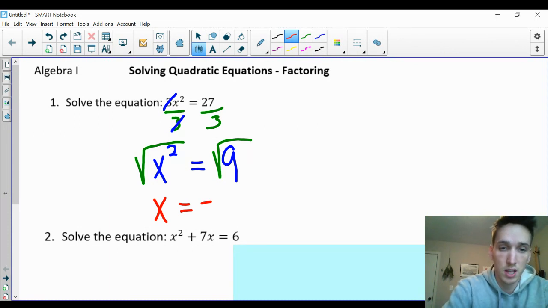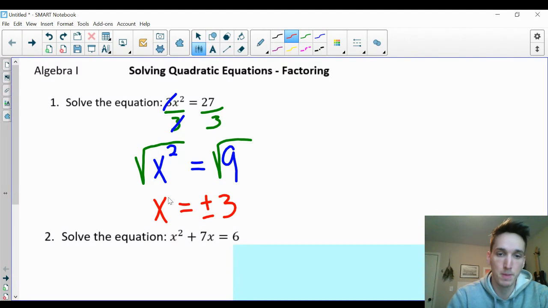This is new for us. Positive and negative 3, right? And I encourage you, if you go back and plug these in, plug in positive 3, you'll get a true statement. Plug in negative 3, you'll get a true statement. So oftentimes with quadratics, we'll have 2 solutions, right? So that was solving by square roots like we did yesterday.